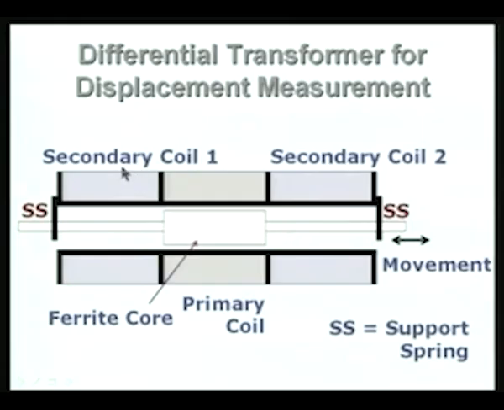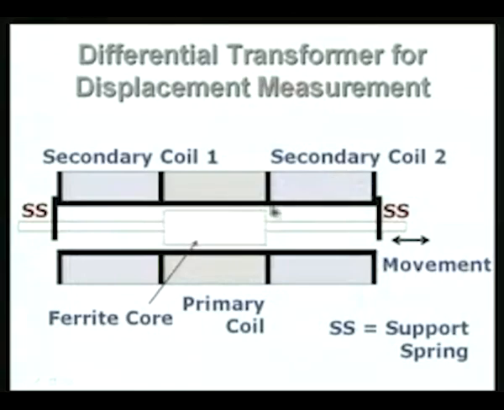Of course, if secondary coil 1 generates more voltage, it will be in one direction, and it will change direction when the other generates more. So, the variation of the voltage will depend on the magnetic coupling between secondary coil 1 and secondary coil 2, which is determined by the position of the core.